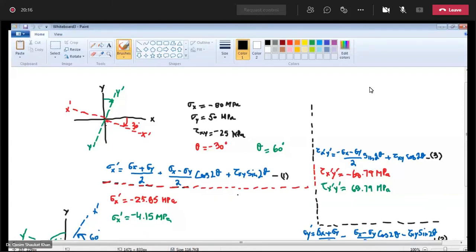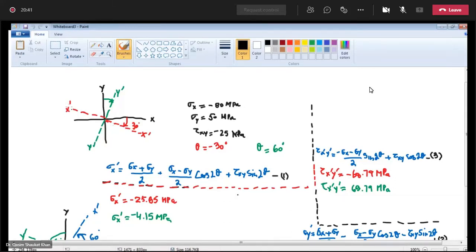Now we have to draw over rotated axis or transformed axis at an angle 30 degrees clockwise. So I have drawn this red dotted line. This represents my x dash axis, which is oriented at an angle 30 degrees with reference to the horizontal.